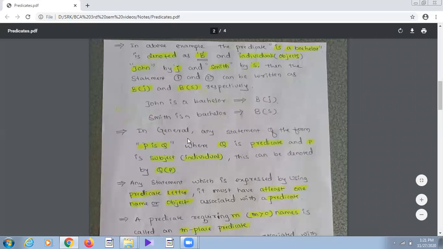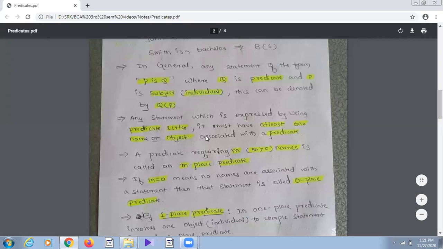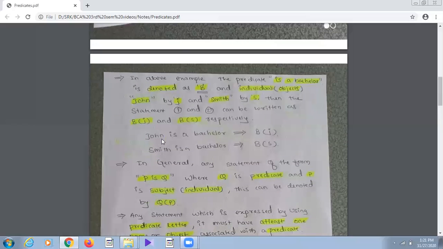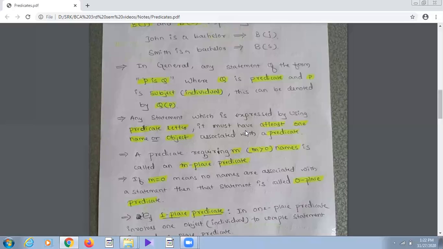That is the condition. Only then can you say that it is a complete predicate. A predicate letter must have at least one name or object. Here we have two objects, John and Smith, so at least one is needed. That is the main concept here.